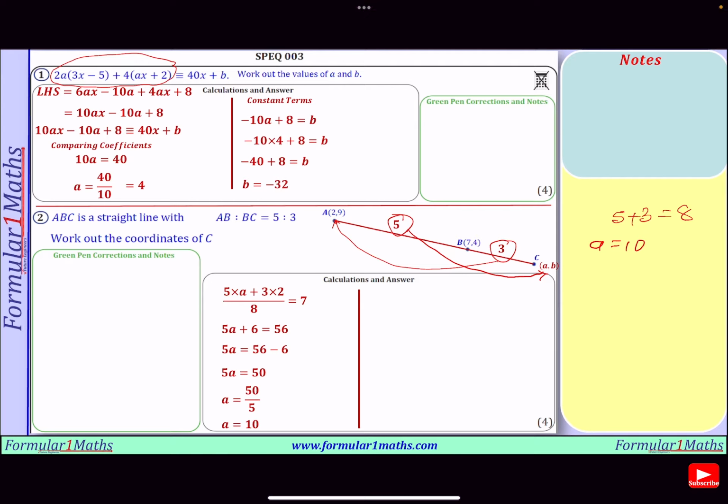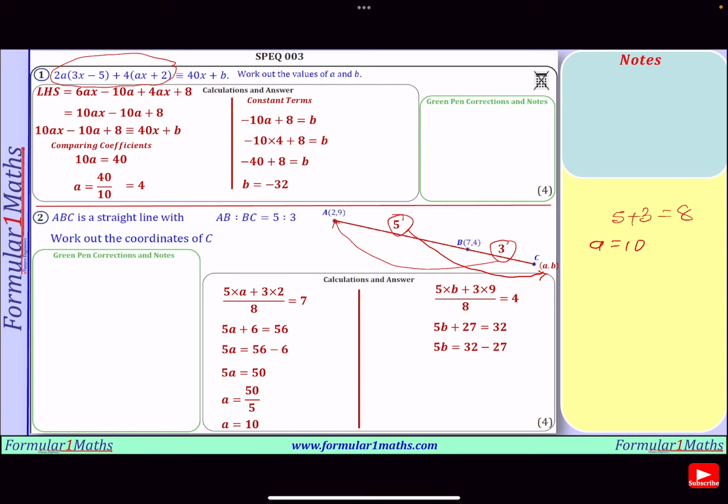So again, 5 times the y coordinate, which is 5b, plus 3 times the y coordinate, which is 9, divided by the sum of 5 and 3, will give me the y coordinate of B. So I get 5 times b plus 3 times 9, divided by the sum, which is 8, will give me the y coordinate of B. Then if I take 8 to the side, I'm going to get 5b plus 27 equals 32.